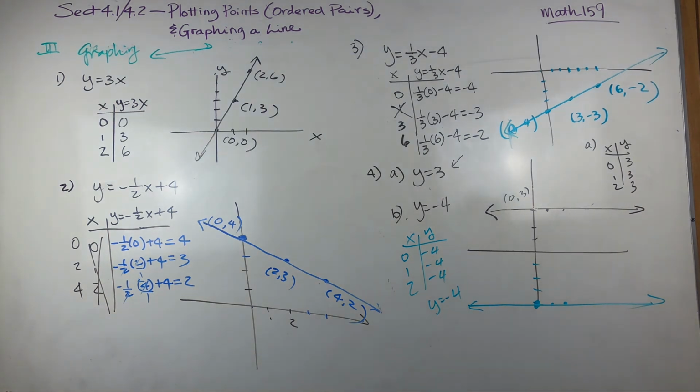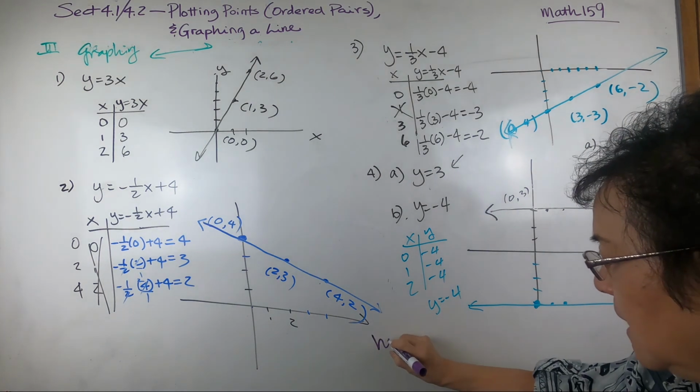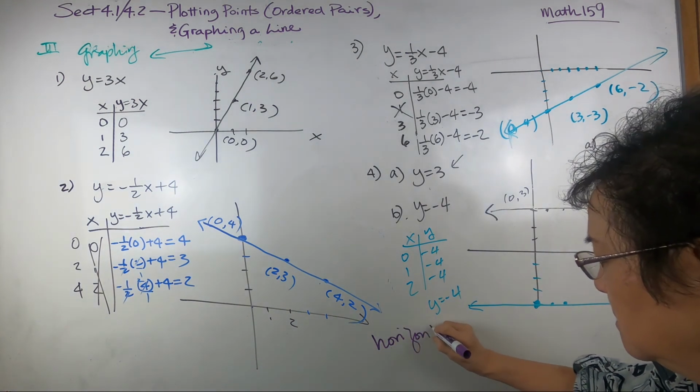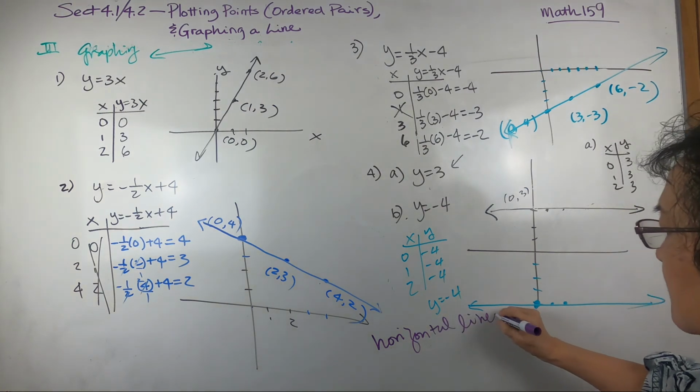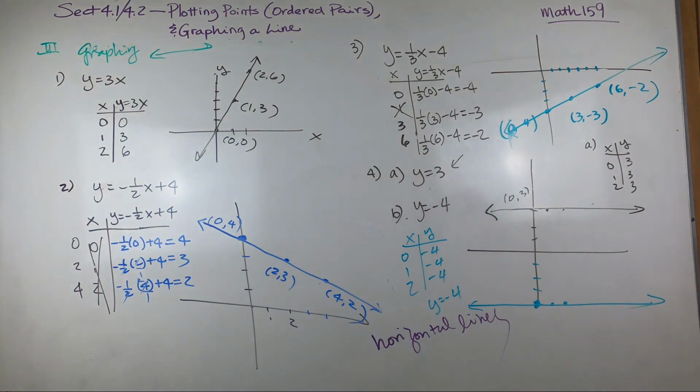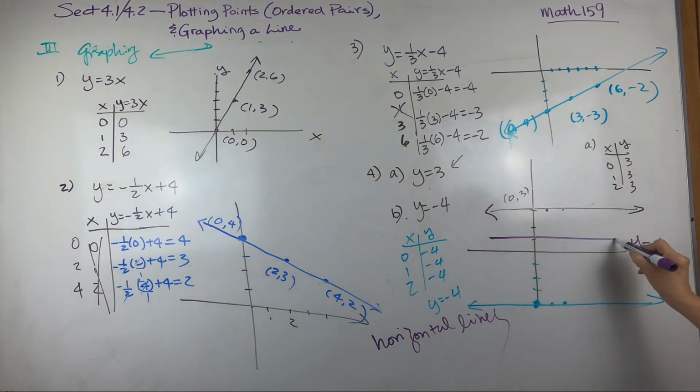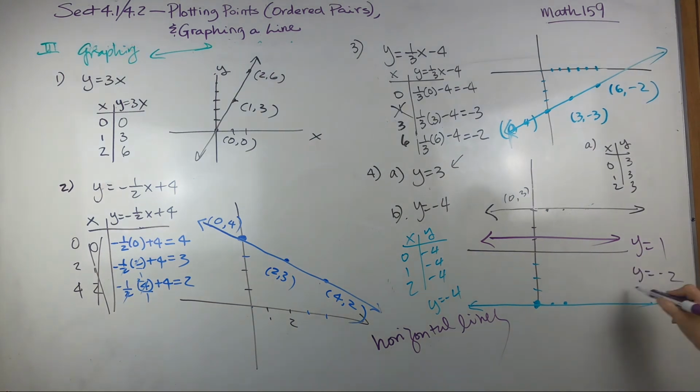right? So when x is missing, if you just show the y, you should have what? A horizontal line, right? Horizontal lines. Okay, so if I say y equals 1, what do you think? Where is it? That should be here, right? If y is negative 2, where is it?